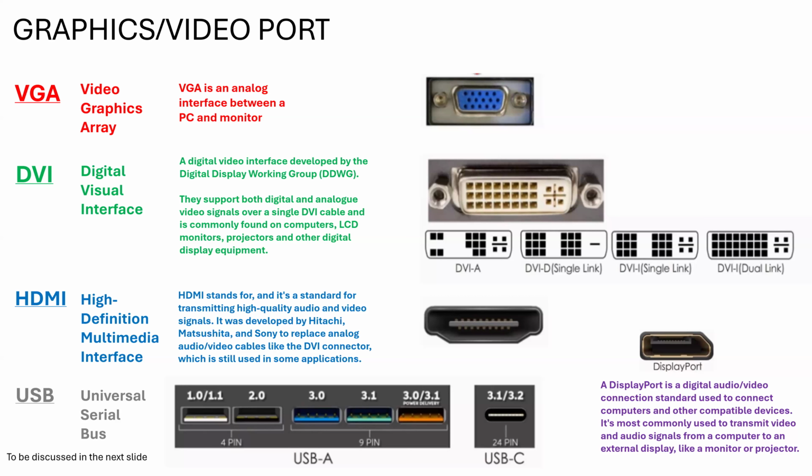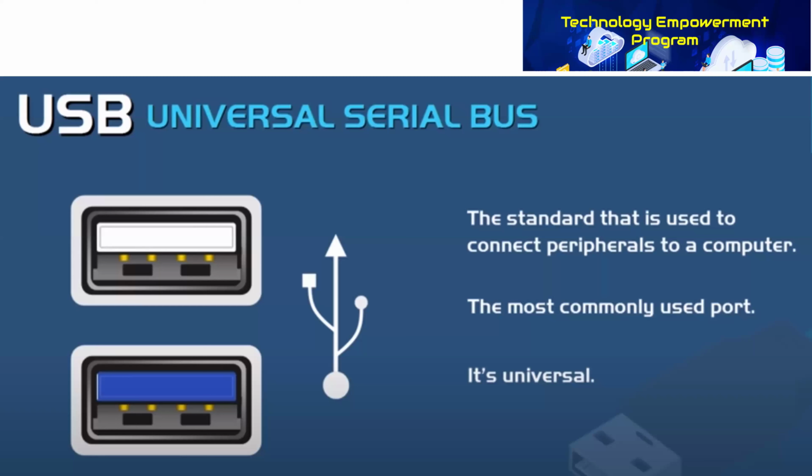Ladies and gentlemen, let us focus on USB because we have moved from various technologies. And why did we call this USB and what exactly does it mean? USB means universal serial bus. The name implies that it is universal. And remember bus.